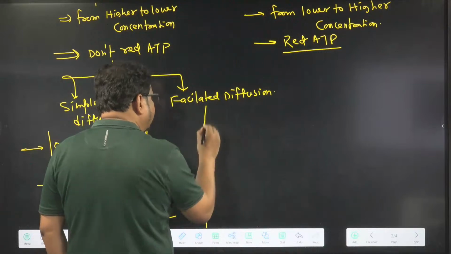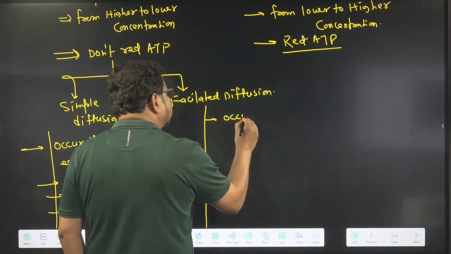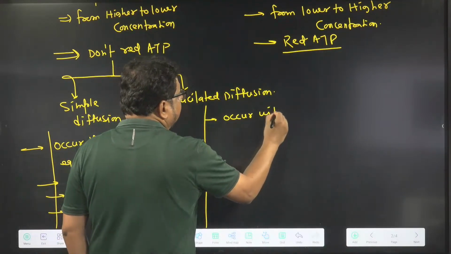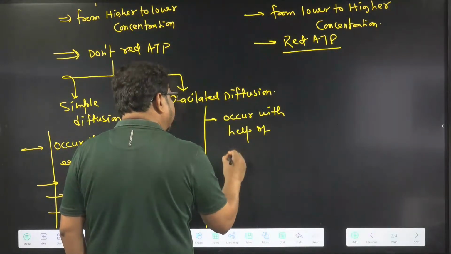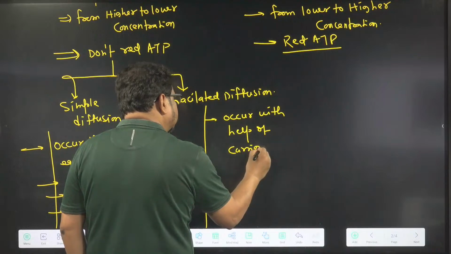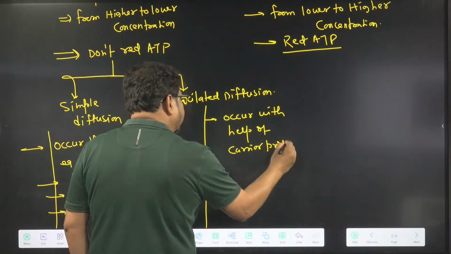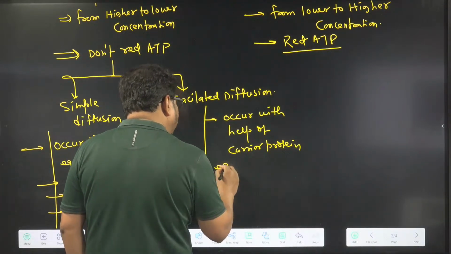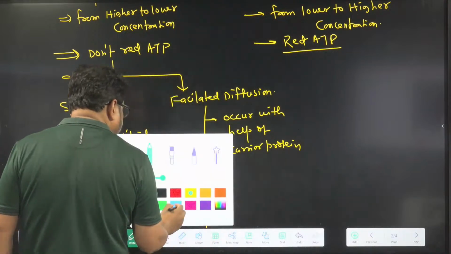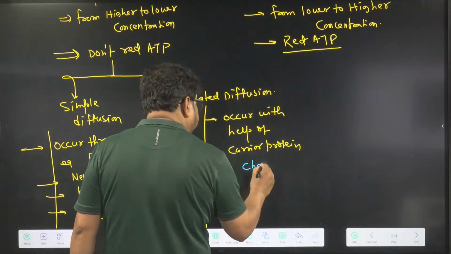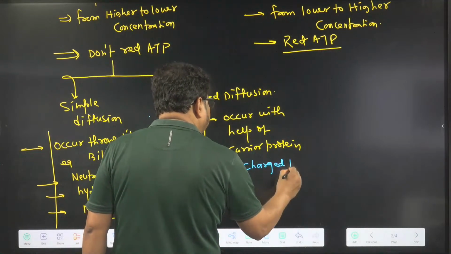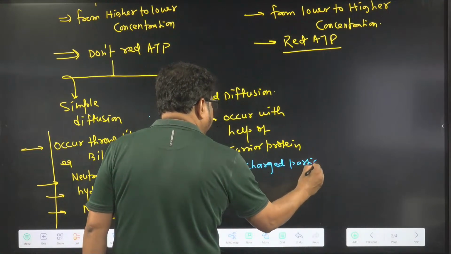Now, facilitated diffusion occurs with the help of carrier protein. An example of what goes with facilitated diffusion is charged particles. Charged particles, or polar substances, are not allowed to cross by the lipid bilayer.